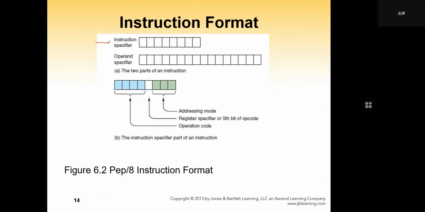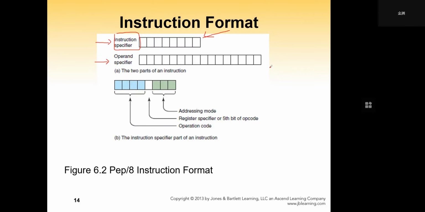So this is the first 8 bits. This is the second 16 bits. The first 8 bits we call the instruction specifier. That means here it specifies what instruction is now being executed.